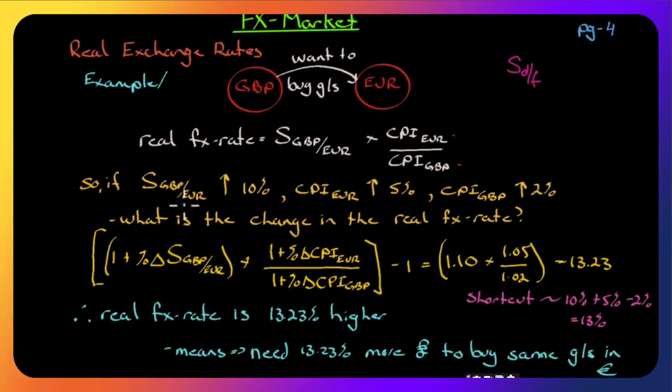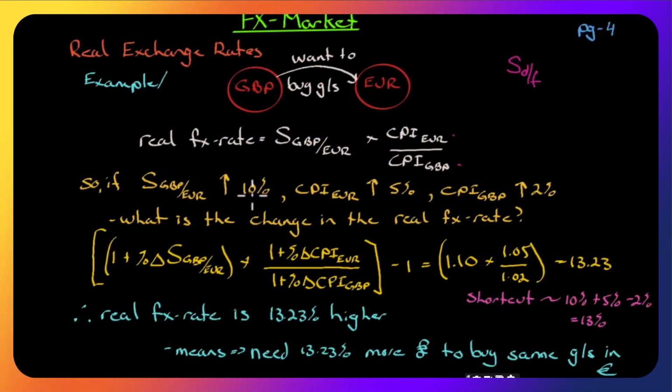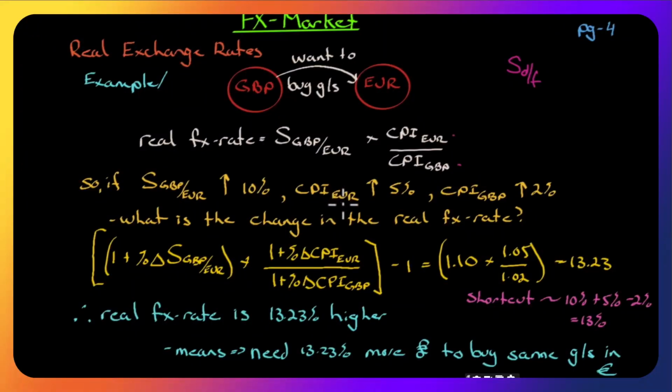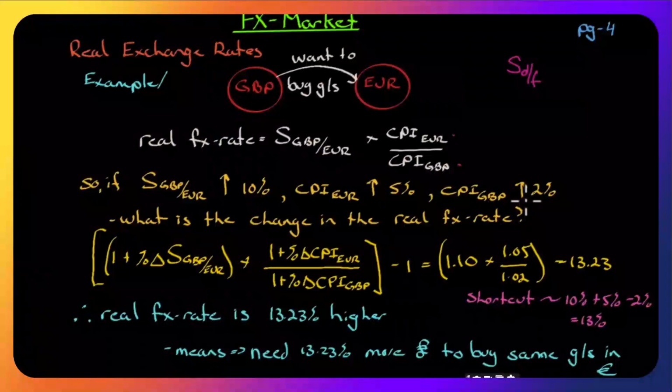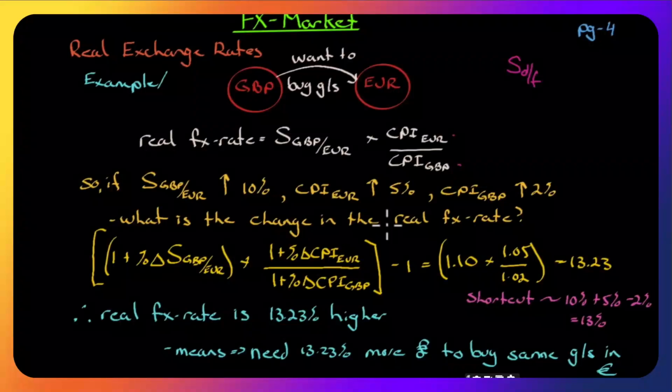Let's say the exchange rate went up 10%. The Euro zone CPI, or whatever region in the Euro we're buying from, is up 5%, and British CPI is up 2%. What is the change in the real exchange rate under this situation? So we're not going from a nominal exchange rate looking for a real exchange rate.